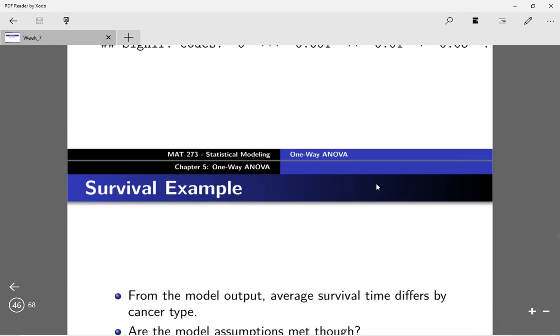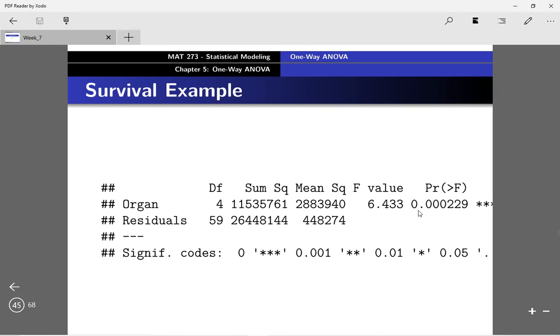So this p-value is very small, 0.000229.